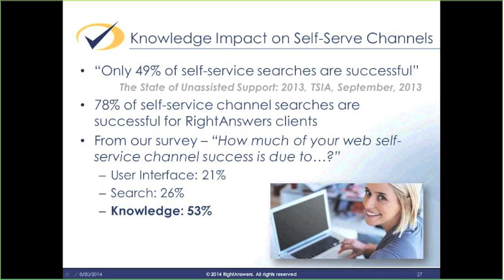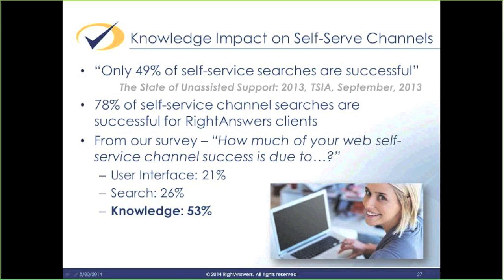And what that also does is when people actually find answers to their questions, they're going to keep coming back. And your adoption is going to go up, and your long-term use for your individual employees is definitely going to go up. Now, we also do surveys of our client base, and we've asked them, of your web self-service, why do you think it's been successful for you?